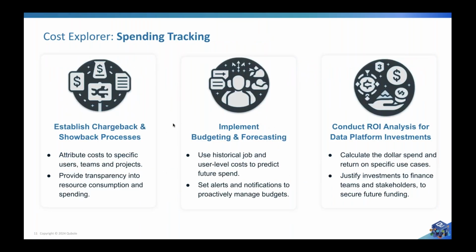Now, spending tracking. I'm reviewing each and every point at a granular level. So what you can do is establish a chargeback and showback process, where you can attribute a cost to a specific user, team and project.